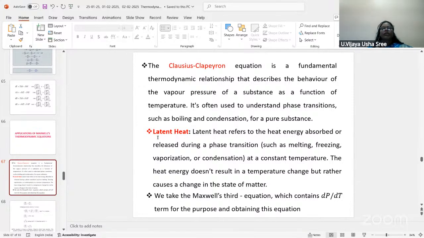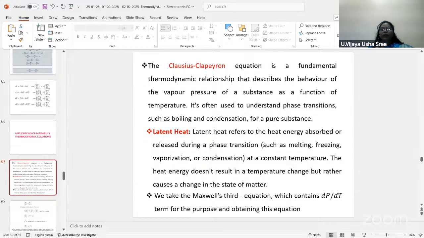Another one is latent heat. This is also one of the examples of an application of Maxwell's thermodynamic equations. First, we have to note down that latent heat refers to the heat energy absorbed or released during a phase transition.